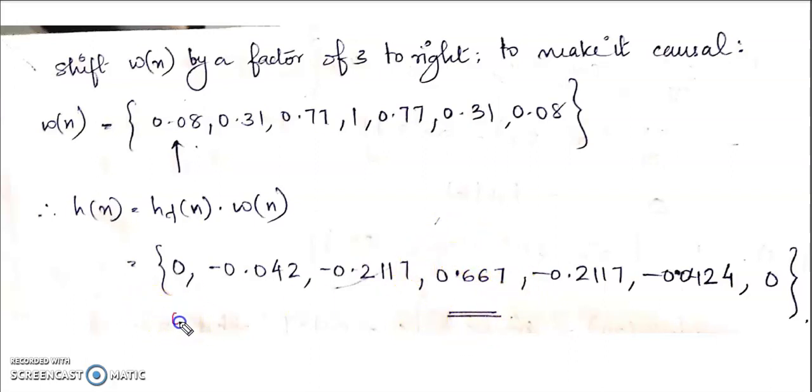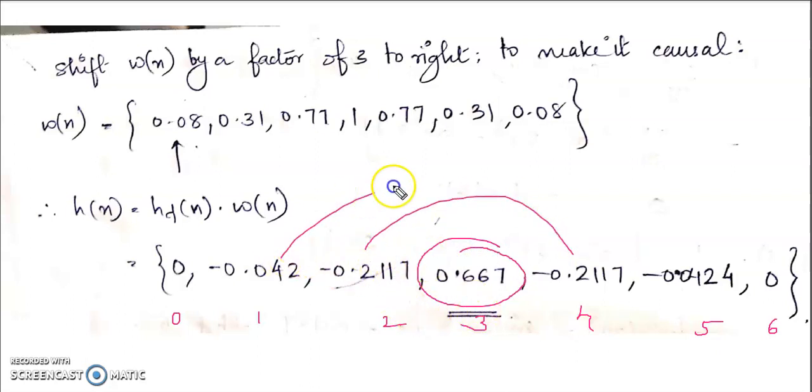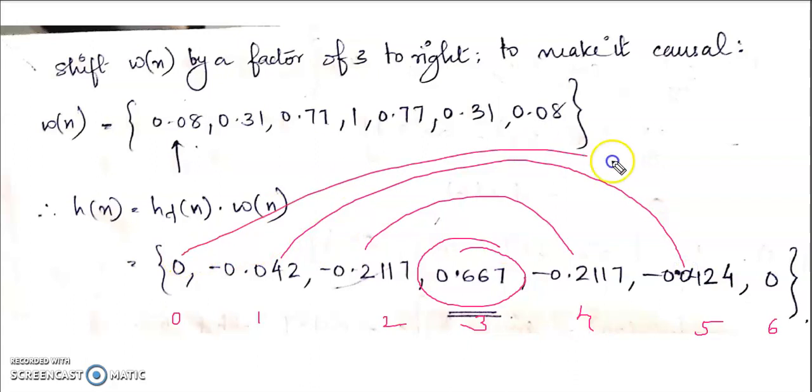The index values are 0, 1, 2, 3, 4, 5, 6, so total 7 samples. So the length of the filter is 7, and with respect to 3 it is symmetric. You can cross check: these are the same, this one is the same, and these all are the same. Okay, you can compute H of n.